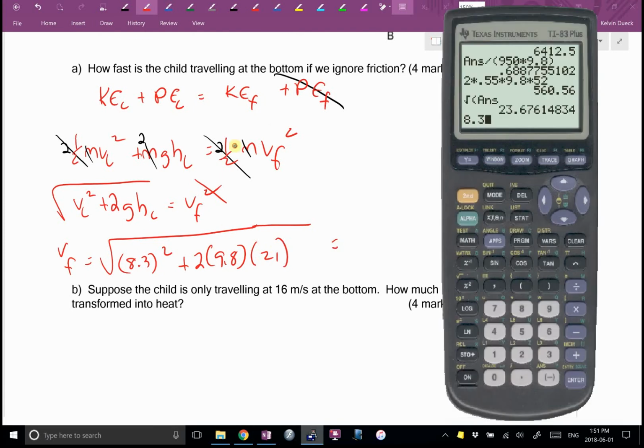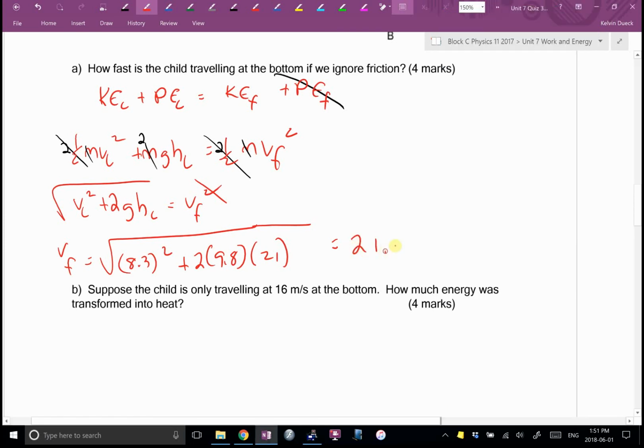Square root of that. Do you get 21.9? 22? People nodding? Meters per second.